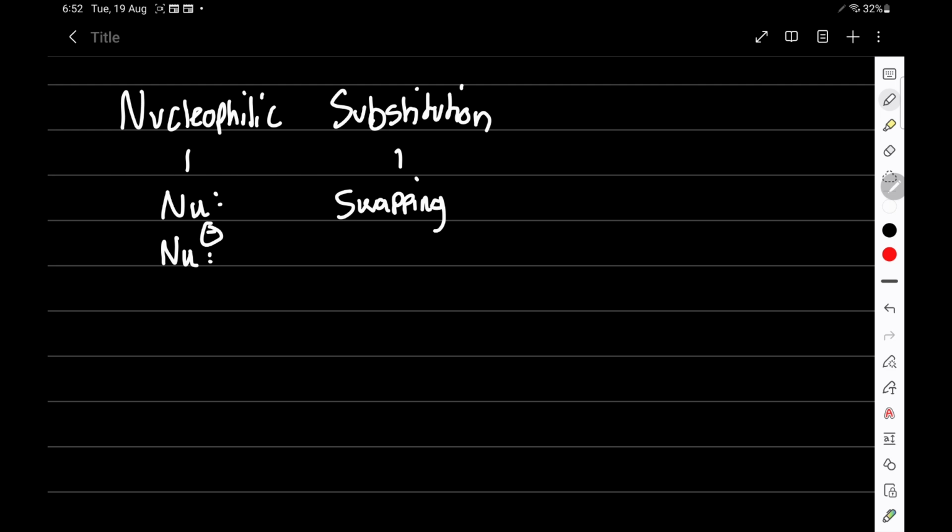Since we're using a nucleophile, the place at which we substitute on our carbon skeleton is going to have to be somewhat electrophilic in order to react with the nucleophile.